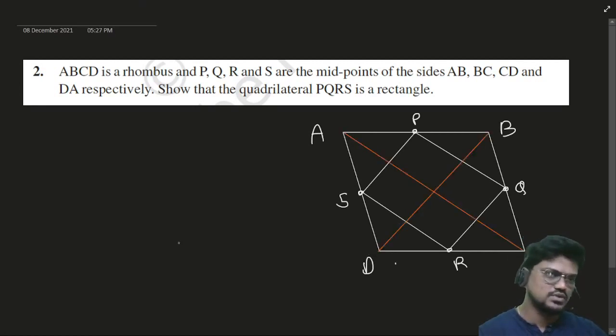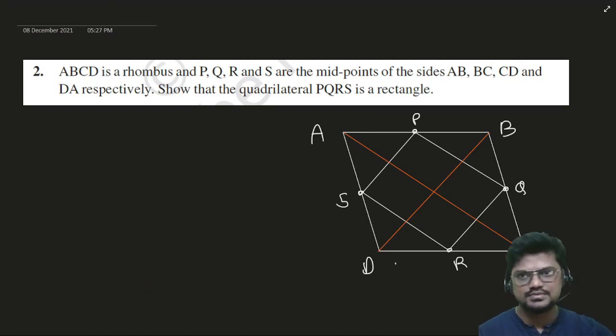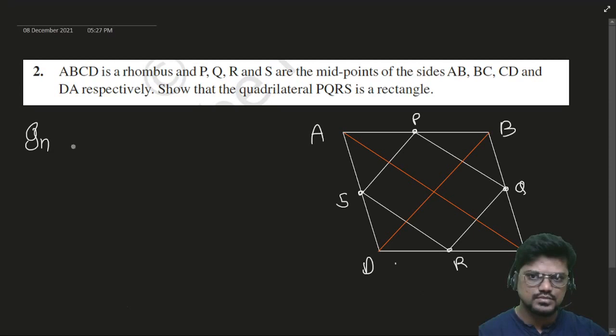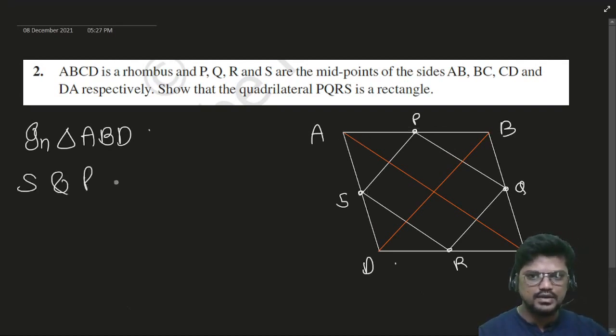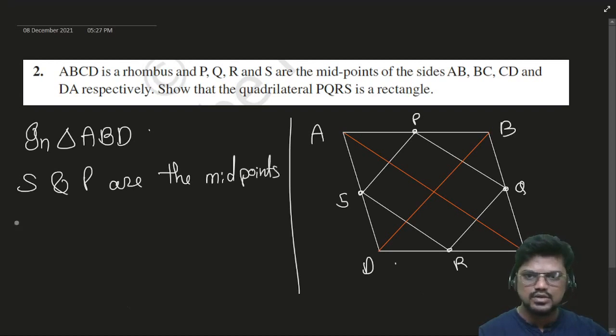If I draw these two lines, in triangle ABD, I know that S and P are the midpoints of AD and AB.